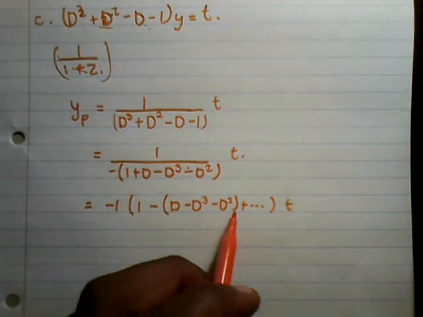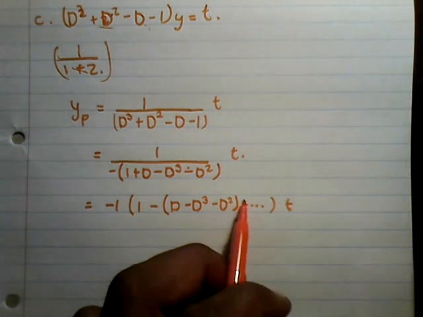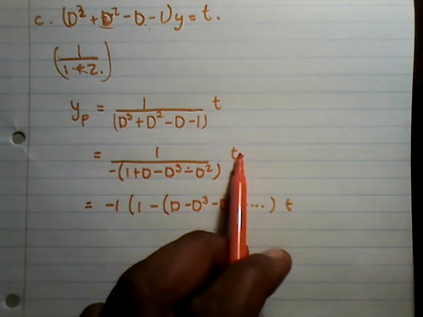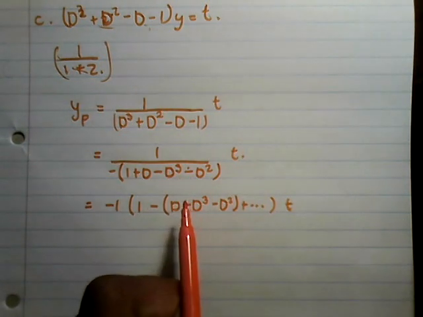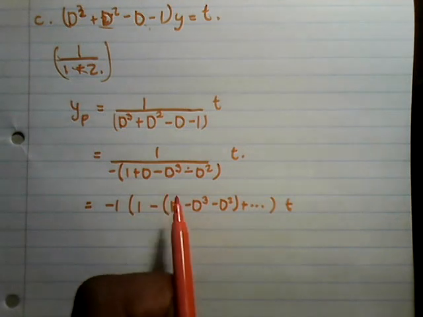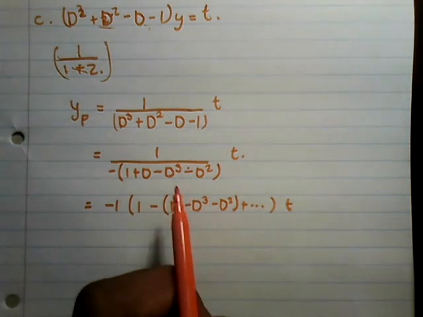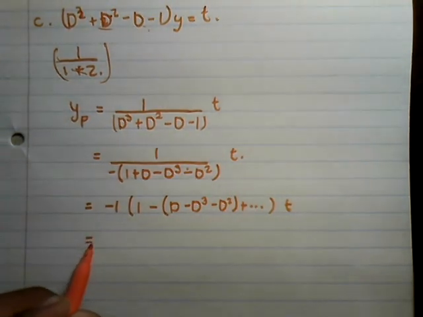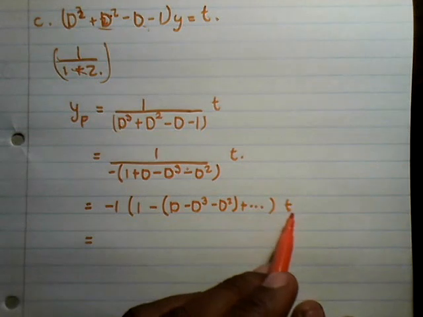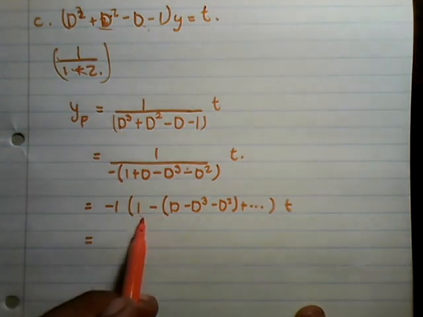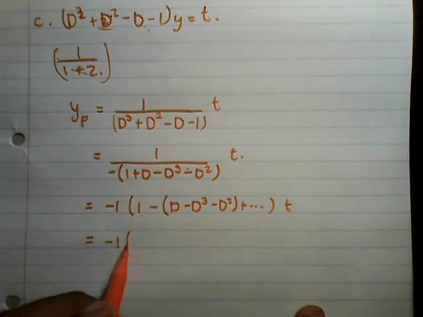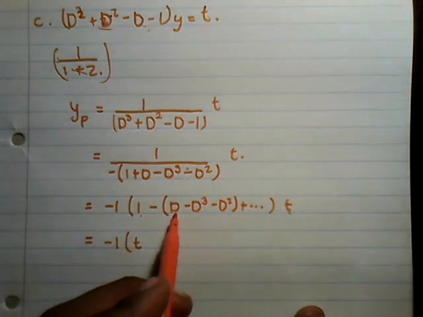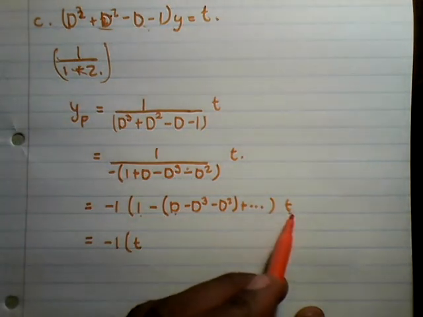Note that I stopped. I did not continue to square and then cube and all that, because I realized that the highest power of t is 1, so only one derivative can be taken, and the rest will be useless because they will give us 0. So t multiplied by 1, we get minus 1 multiplied by t, and the first derivative of t is equal to 1.